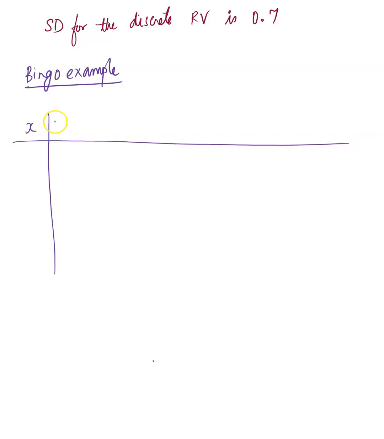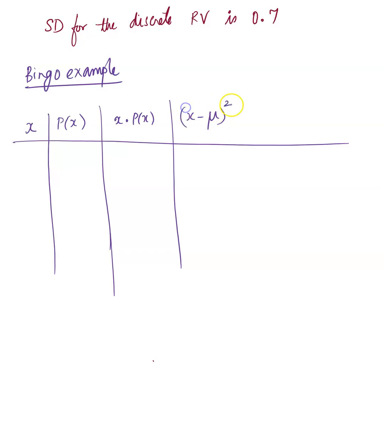So P of x, x times P of x, x minus mu the whole squared, and we need x minus mu the whole squared, that column, times the P of x column. Okay. So the entries here were, I want to put the $0 first.